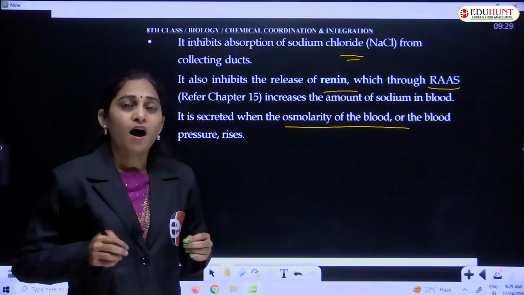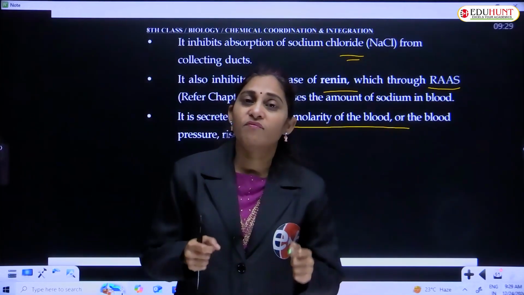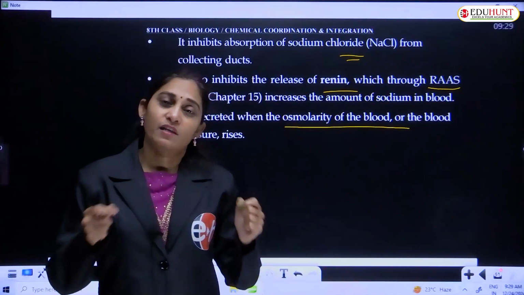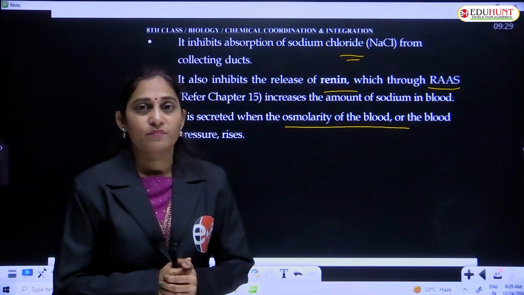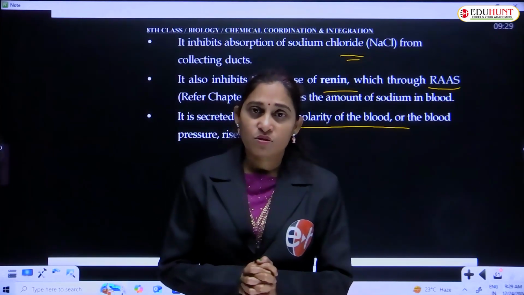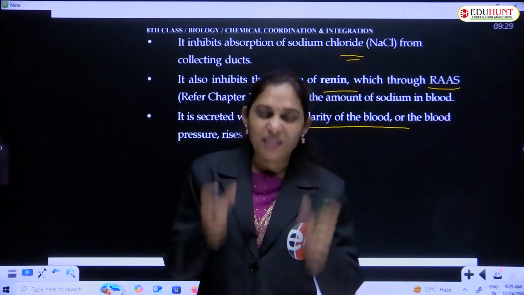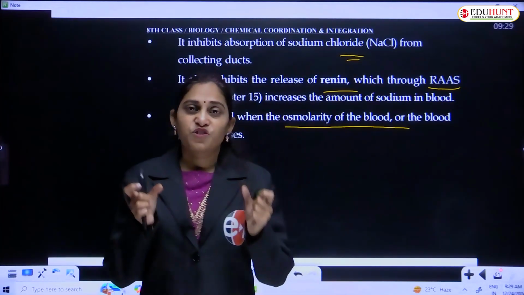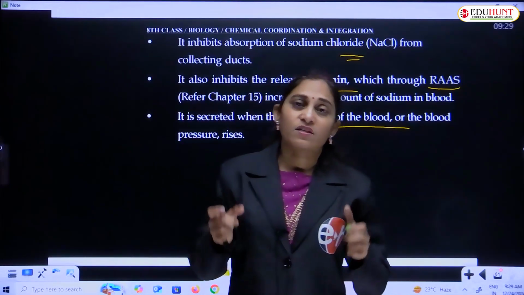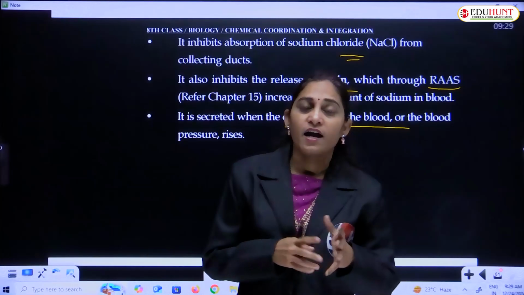And this is how chemical regulation happens in every mammal, especially the human body. I think you have understood to some extent, but basically this chapter is considered under the knowledge and remembering part.